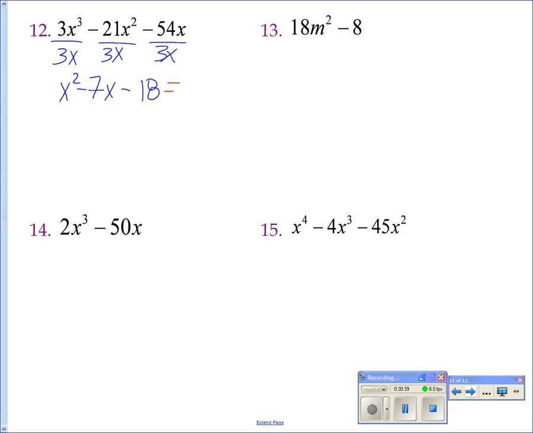Good. Negative 18 gets kicked out. Madison, what multiplies to give you negative 18? Good. And that gives you negative 7, so that will work.